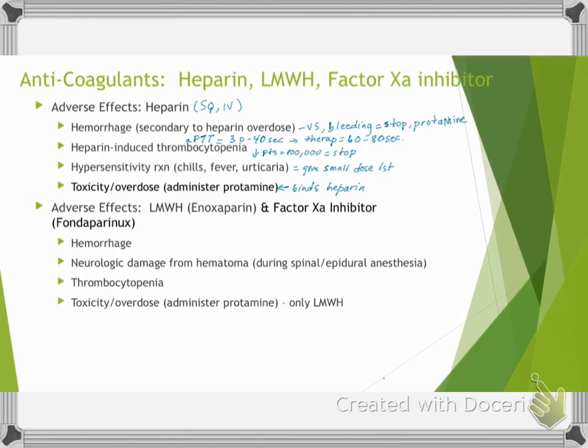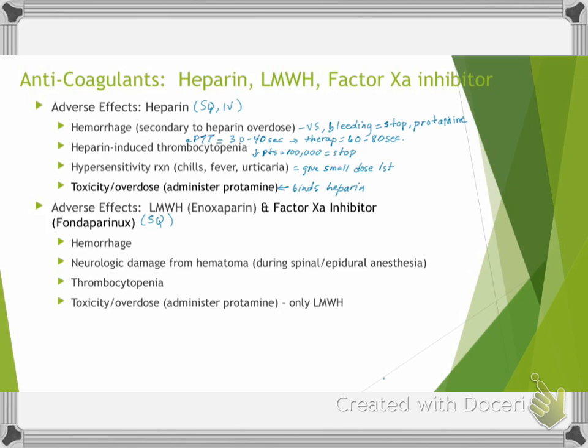Adverse effects. Enoxaparin. Enoxaparin is only given sub-Q. Y'all know it as Lovenox. It can cause hemorrhage. It can cause neurological damage from a hematoma during spinal or epidural anesthesia.